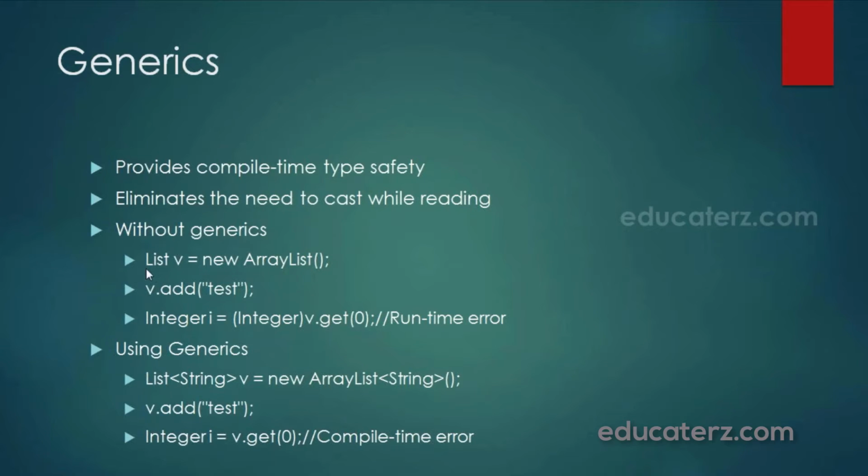For example, we did not mention any generic type here, and when we added a string to a list object and were retrieving it, capturing it in an integer, we got a runtime error. Just now we have seen ClassCastException. But when we use generics as string, we need not get a runtime error. Instead, we get a compile time error itself. So that's an advantage of generics.